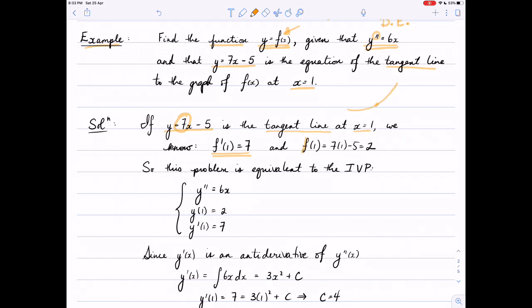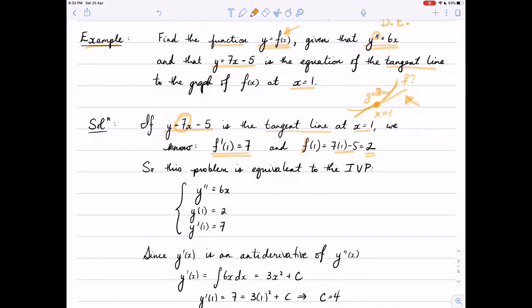A function and its tangent line share the point of tangency. And if that is when x is equal to 1, then to find the y-coordinate, we can't plug it into the function because f is unknown, but we can plug it into the tangent line since it is a shared point. So if we plug 1 into the tangent line, we see that the y-coordinate, f of 1, must be 2.